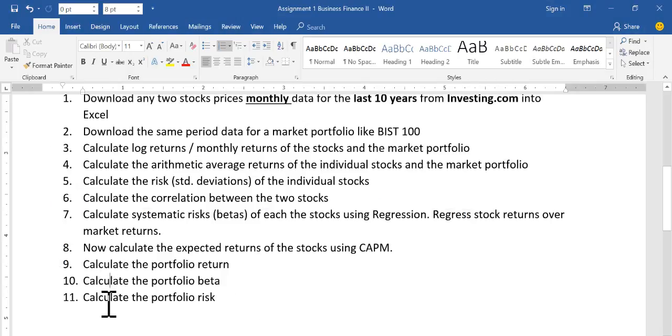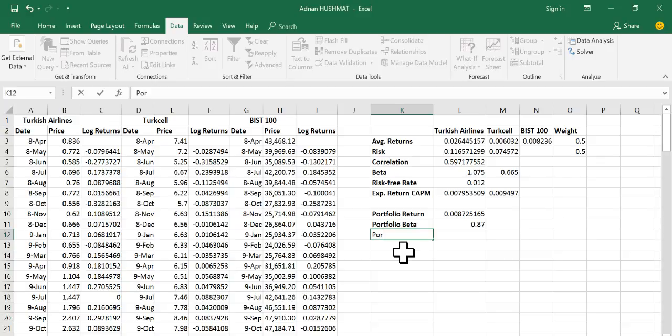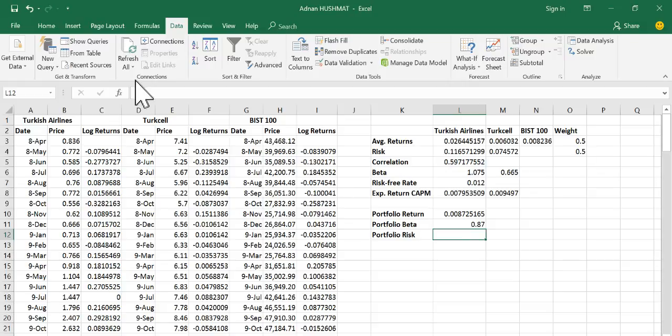Requirement number 10, the last requirement, is to calculate the portfolio risk. So let's calculate the portfolio risk. As you remember from our lectures, portfolio risk will be W1 squared multiplied by the risk of stock 1, the square of this one. How can we take the square? You find this sign on your keyboard.